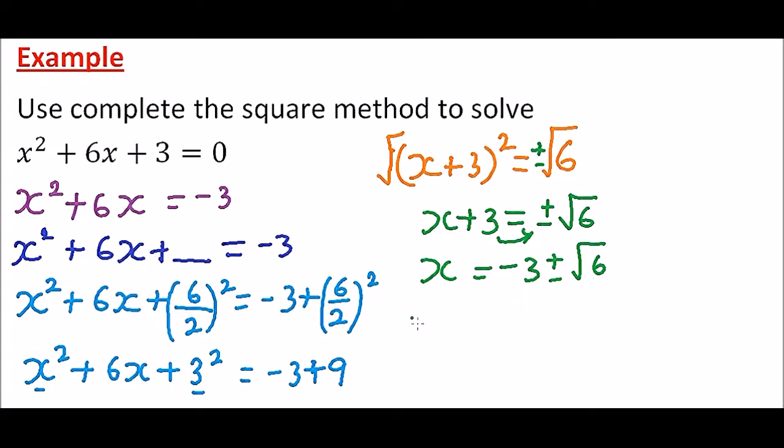When you get the square root, we can say here that x is equal to minus 3 plus the square root of 6, or minus 3 minus the square root of 6.